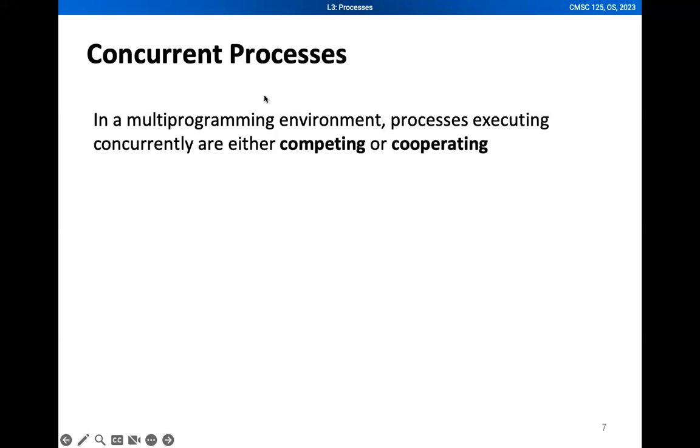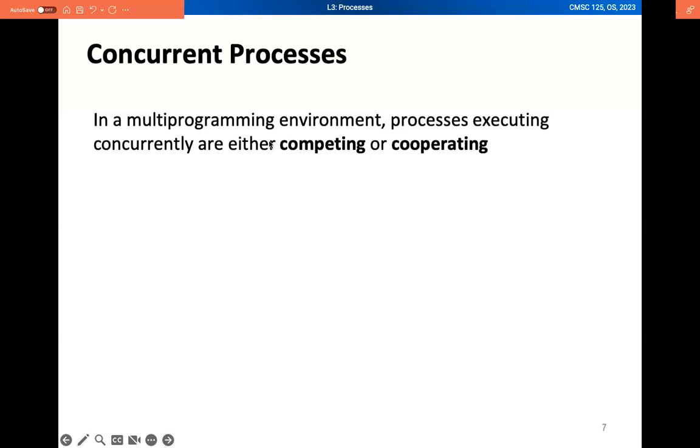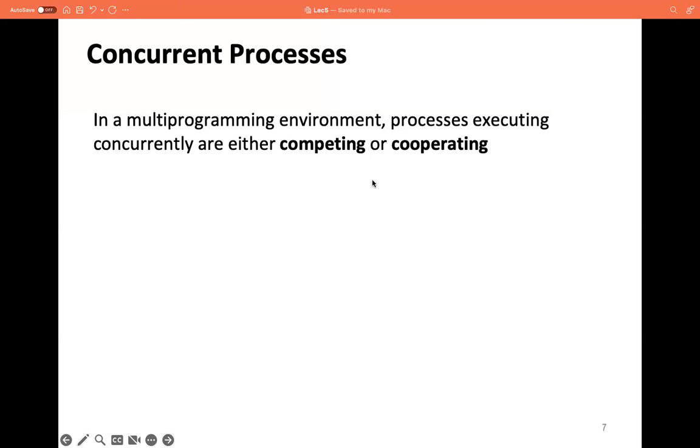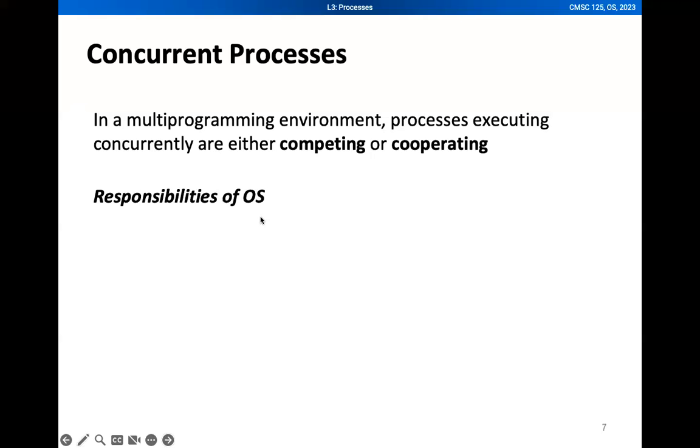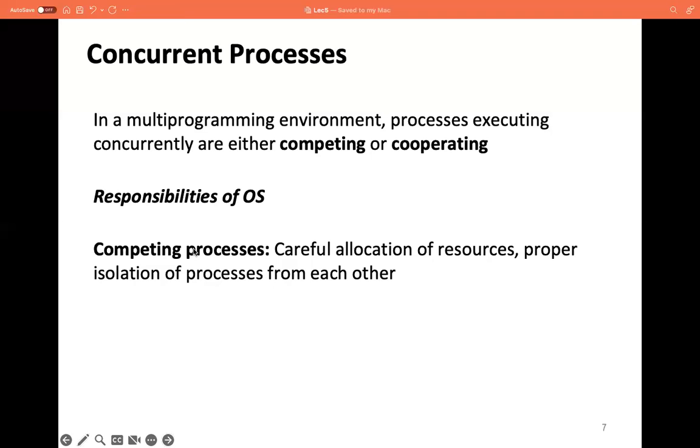In a multi-programming environment, the processes executing concurrently are either competing or cooperating. And what are the responsibilities of the OS? If there are competing processes, the job of the OS is to carefully allocate the resources and to properly isolate the processes from each other.